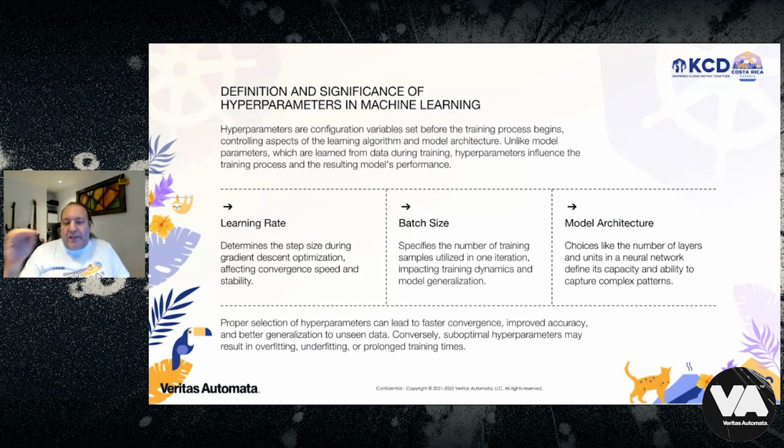And the number of layers and units in a specific neural network define the capacity and ability to capture complex patterns and results for algorithms. So all of this is effectively summarized in the fact that proper selection of hyperparameters can lead to faster convergence, to really have the right model trained in a reasonable amount of time, the better and optimized one.